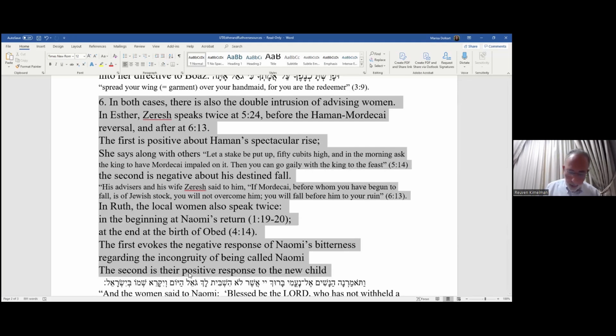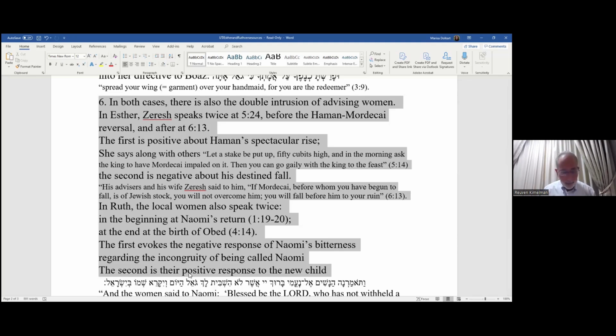In Esther, the first is positive about Haman's spectacular rise. This is Zeresh. She says along with the others, let a stake be put up 50 cubits high, and in the morning ask the king to have Mordecai impaled on it. Now watch this. Then you, that is Haman, can go gaily with the king to the feast that Esther has invited you to.